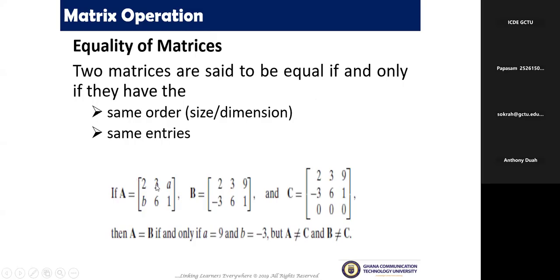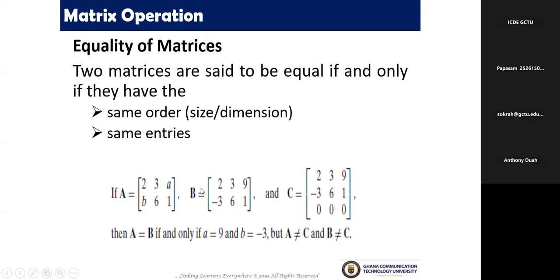Okay. So if I give you A as 2, 3, and the other entry as a, and B says 1, I give you B to be this. Then I ask you to find A and B. Find the values of A and B. If A is equal to B, then that becomes a sensible question to ask. Then it means I am testing your knowledge on what?